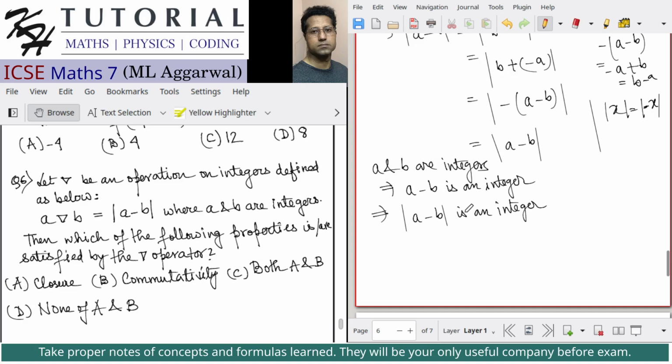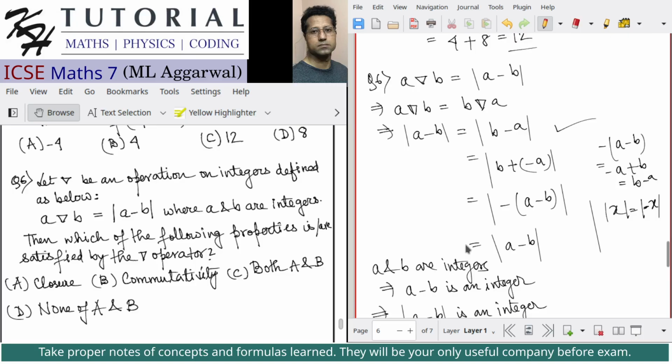So we can say that A triangle B is an integer, where A and B are integers. So definitely this new triangle operator satisfies both the closure property and the commutativity property. So the answer is C, both A and B.